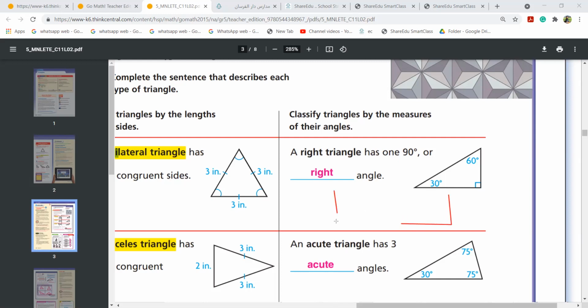The L can be this way and the L can be this way. So this is called a right triangle. When you see a straight line with an L shape, this is called a right triangle, which is 90 degrees. Remember this, girls. One angle has to be 90 degrees. It is called a right triangle.